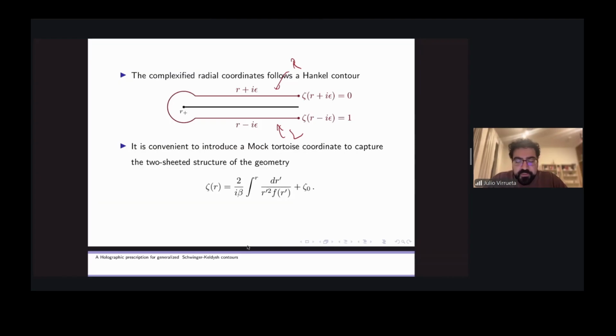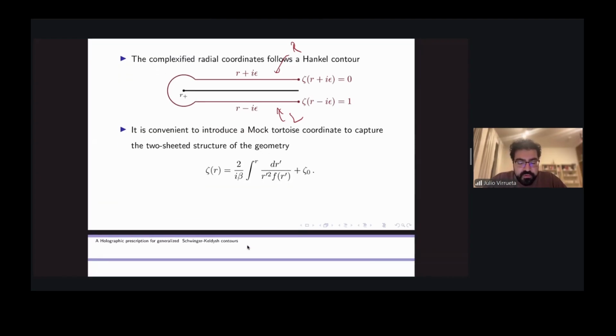To keep track of all of this, it's useful to introduce a mock tortoise coordinate. This coordinate is just engineered to capture the analytic structure of the solution. So I want just to keep track of who is in the right branch and who is in the left branch. The coordinate is just pretty much R in any of the given branches, but it has a jump. This is just a hypergeometric function.